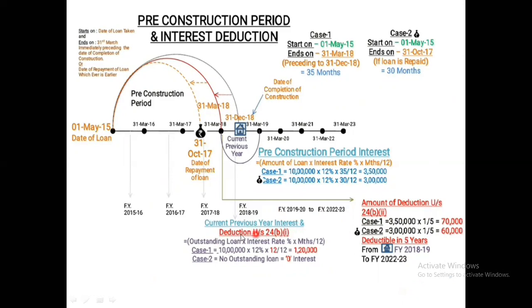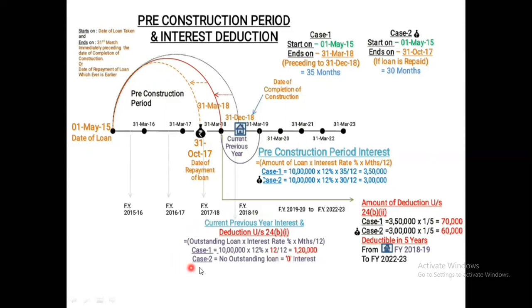Therefore, to compute the current previous year interest, all we need to know is the outstanding loan, the interest rate, and the number of months. So in case 1, the loan amount was 10 lakhs, the interest rate is 12%, and for 12 months, which is 1 year, the total interest amounts to rupees 1,20,000.